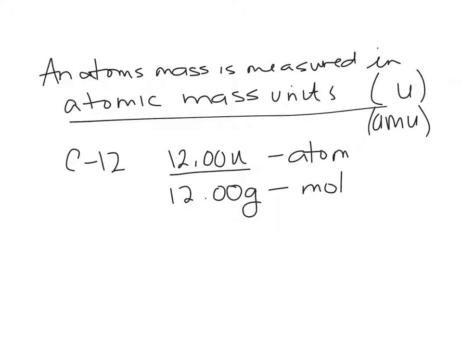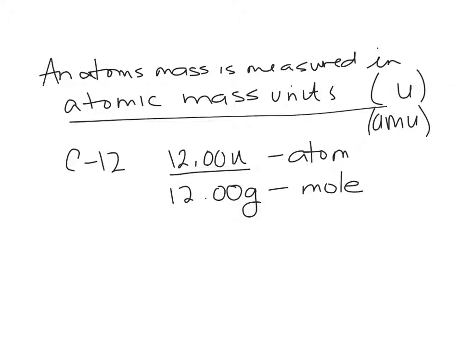That's for 1 mole. So the number that you have on your periodic table for the mass is the same number, different unit, depending on whether you're talking about a mole of something or an actual atom of something.